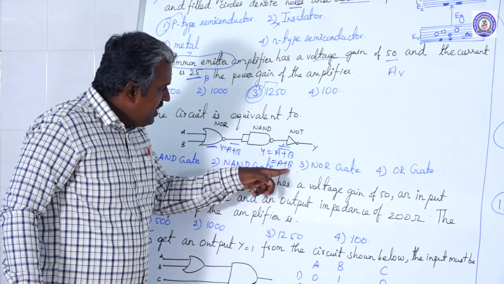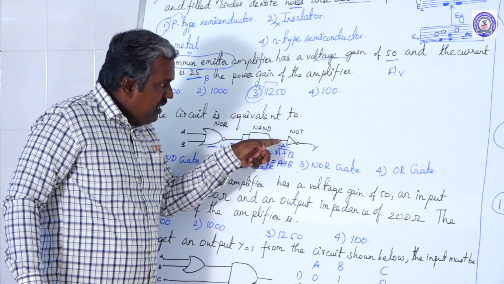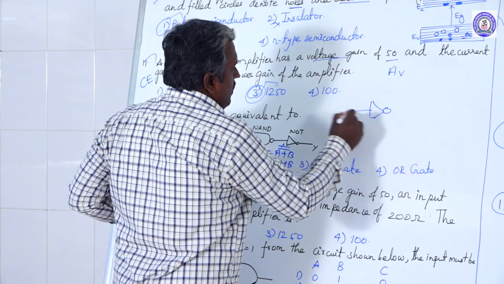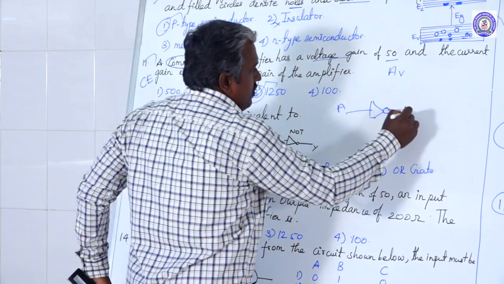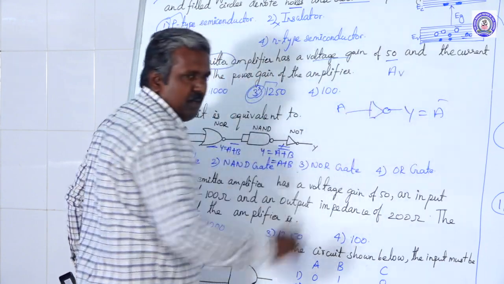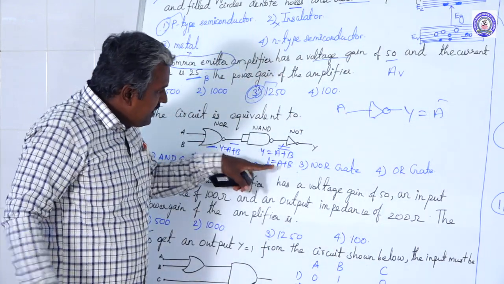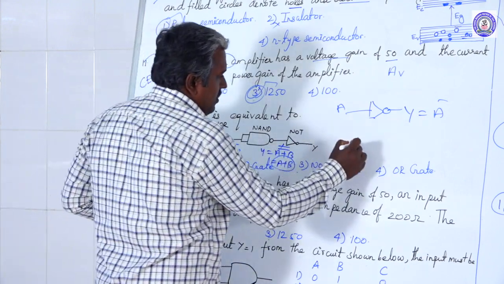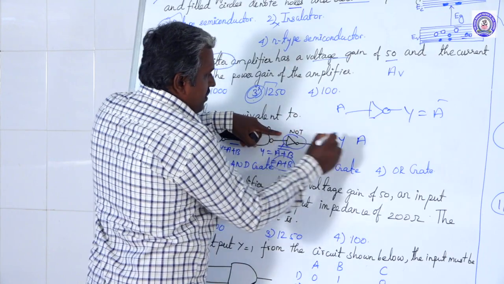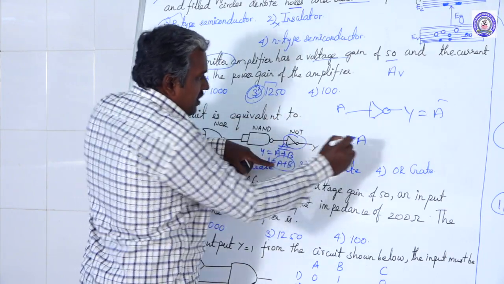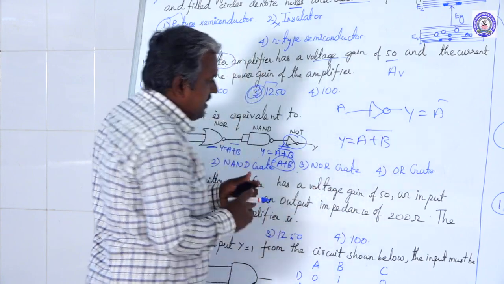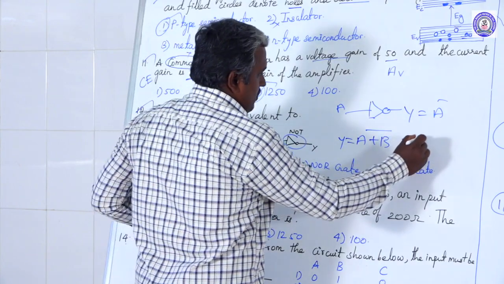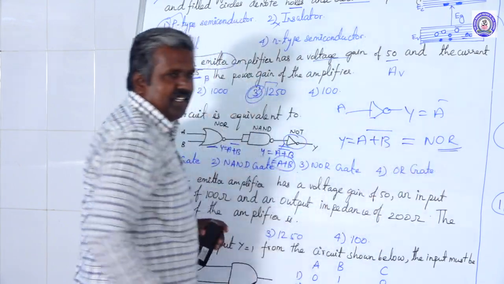Now A plus B is the input of this NOT gate. If A is the input, what will be the output? A complement. But here A plus B is the input. Am I correct or not? So the output of this NOT gate is (A plus B) whole complement.